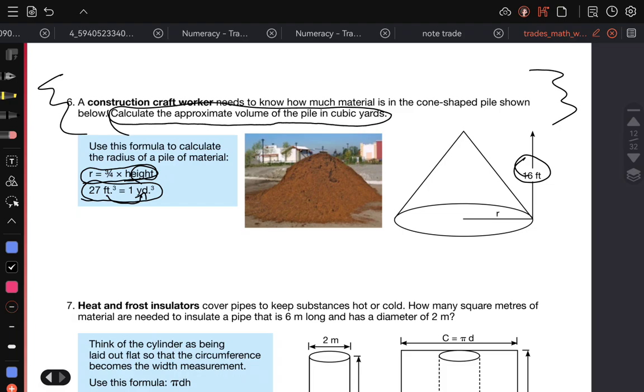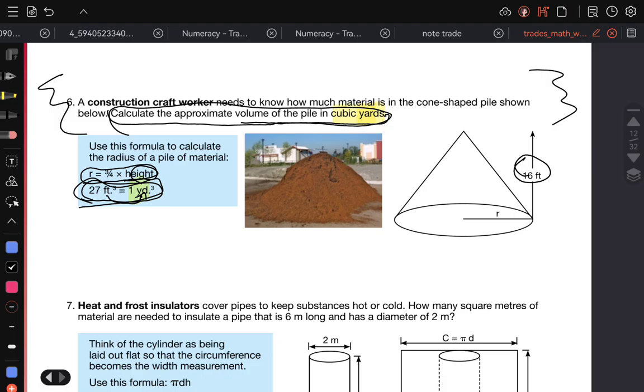They just want the volume of the pile in cubic yards, as you can see here. That's why they give us the conversion from feet to yard. There's always a reason. They're not going to do that just to mess with you.